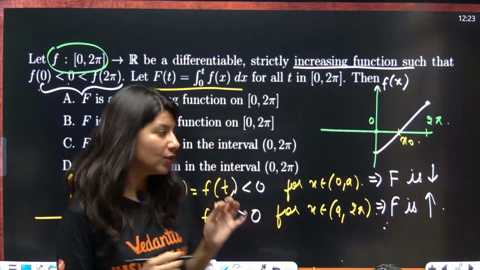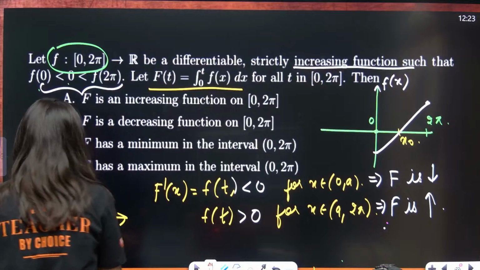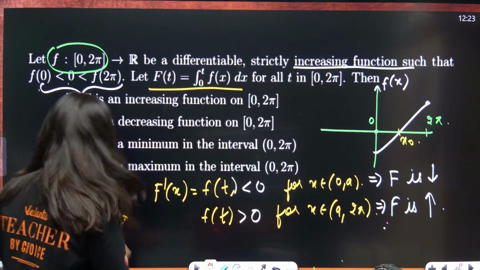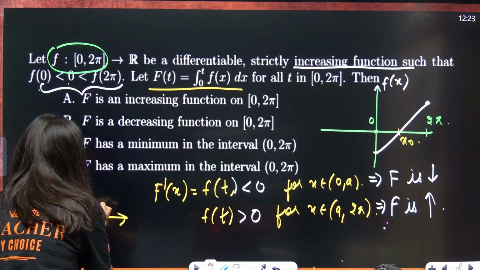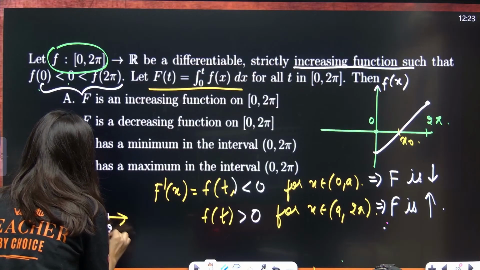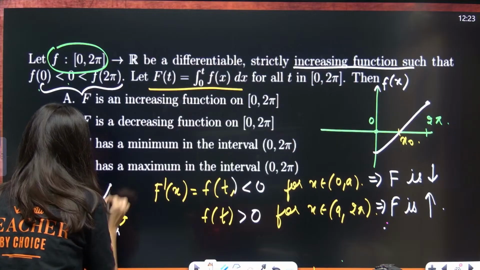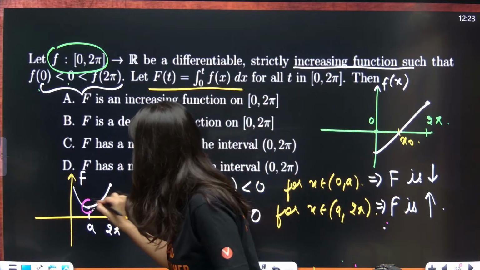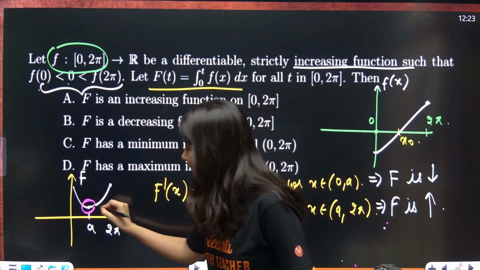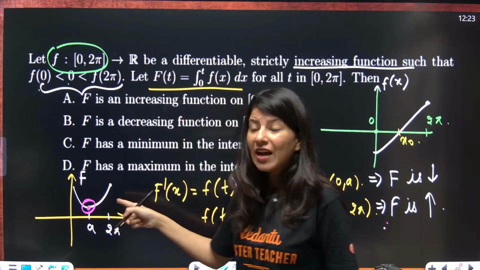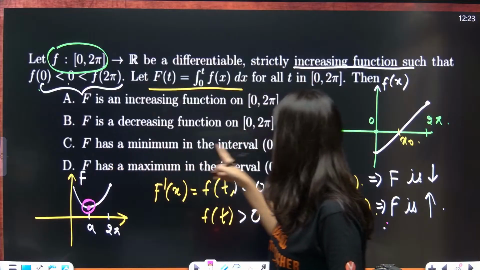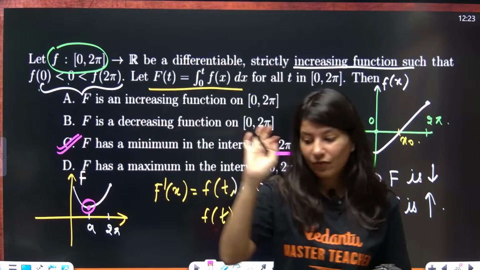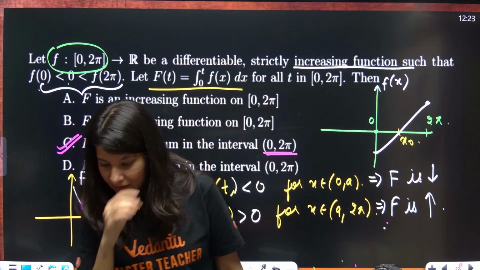Now I will create a function capital F which is decreasing in 0 to a, looking like this, and increasing from a to 2 pi, looking like this. Can you see? This is a minimum value we are getting. So F has a minimum in this interval. Option C is absolutely correct. Very good question on your screen. Very good question.